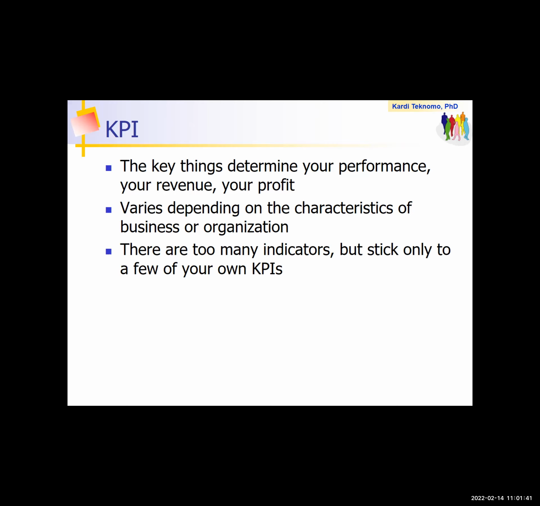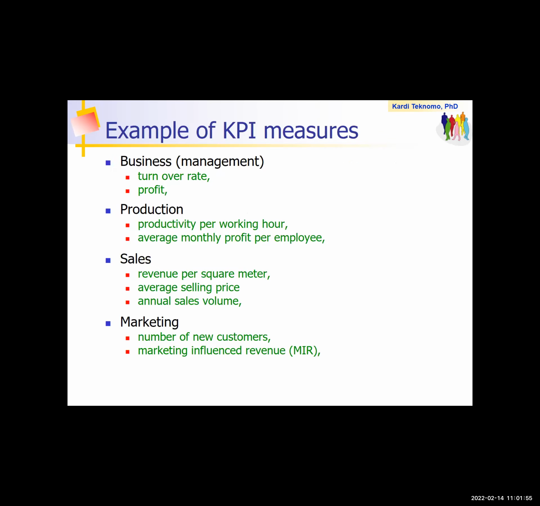The KPI itself can vary depending on the characteristics of your business and organization. There are too many indicators, but you can only stick to a few of your own KPIs. These are examples of KPI measures in business, in production, in sales, in marketing.